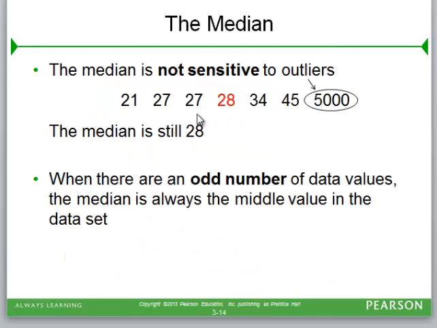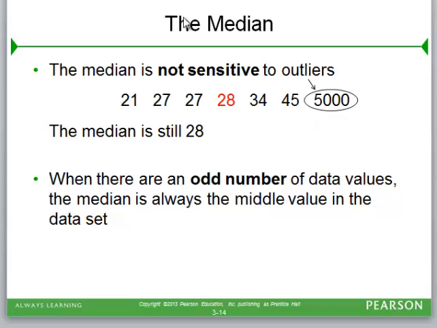You can tell from here that the median is not sensitive to outliers. If we have 7 numbers: 21, 27, 27, 28, 34, 45, and 5000, and we calculate the mean of this group of data, because of this 5000 we're going to get a huge mean, because the 5000 brings the mean up.